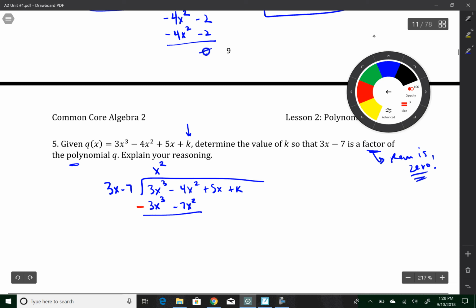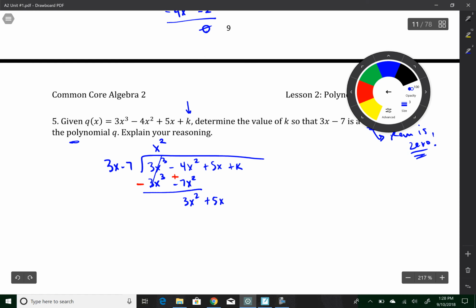Nothing different yet. That becomes a minus, that becomes a plus. These cancel, and we get a 3x squared, and the 5x comes down. What multiplies by 3x to make 3x squared? Well, that's just x. So that becomes 3x squared minus 7x.